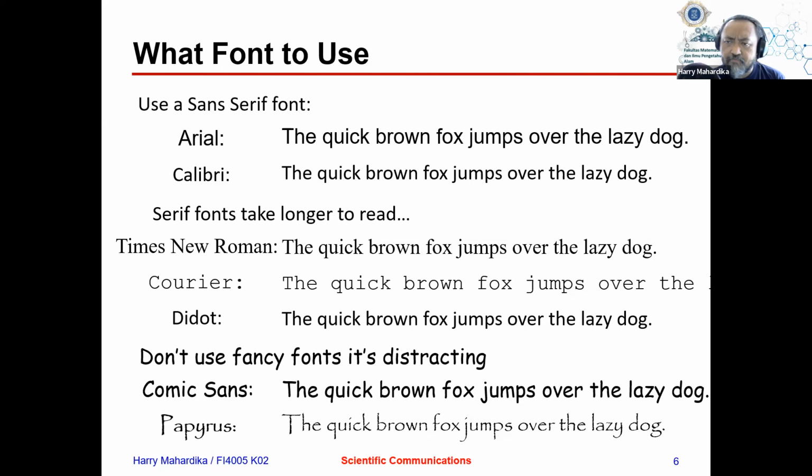Or maybe you gave a small talk on the application of science in cooking, for example, or application of science in music, or application of science in paintings, things that are not that heavy. Okay, probably choosing this type of font will be more appropriate compared to the more conservative sans serif fonts.